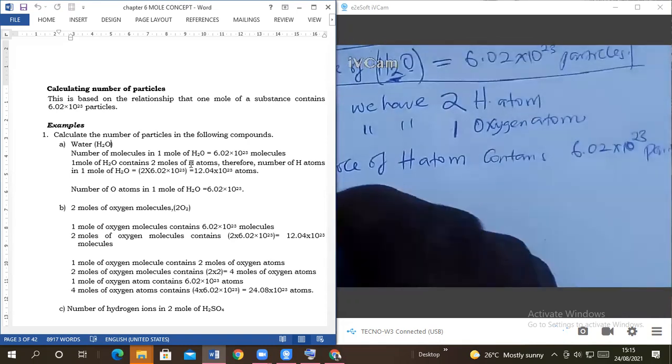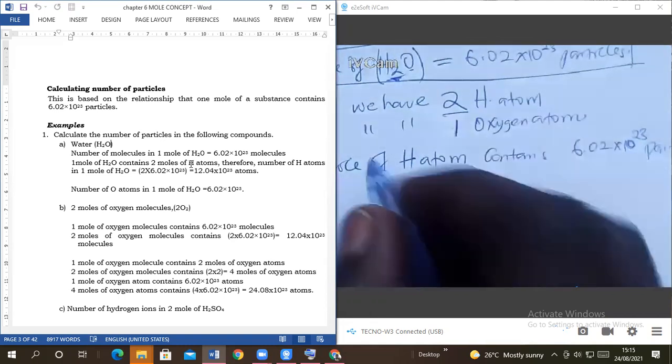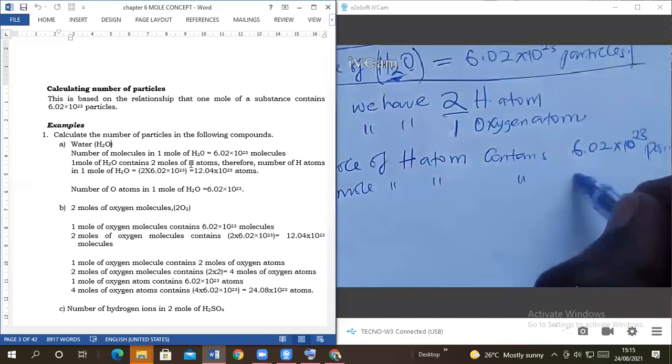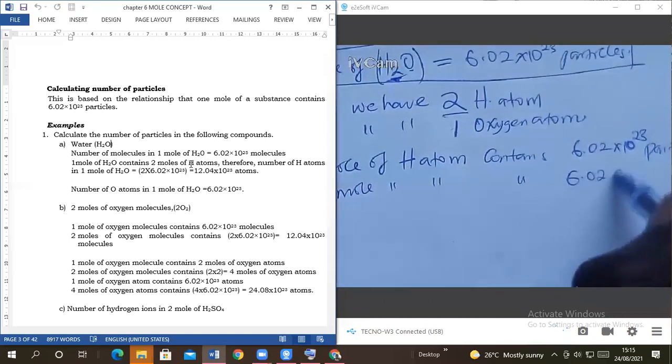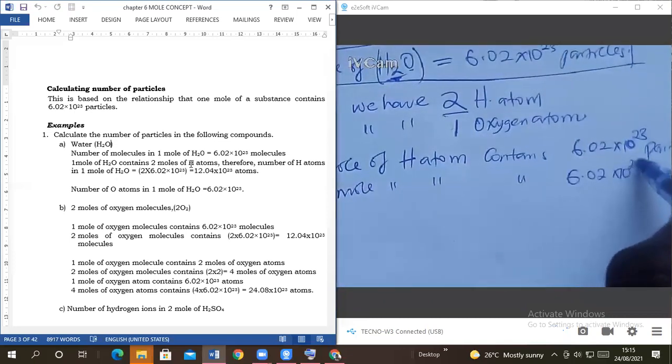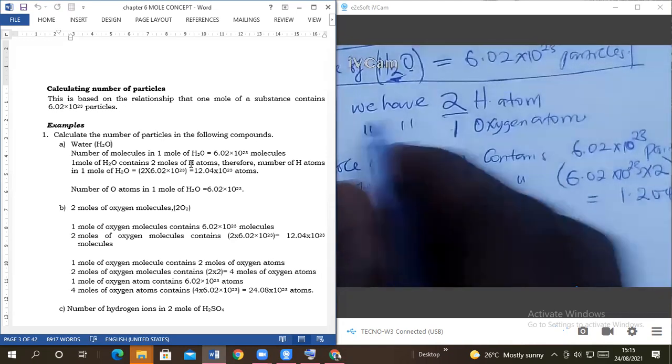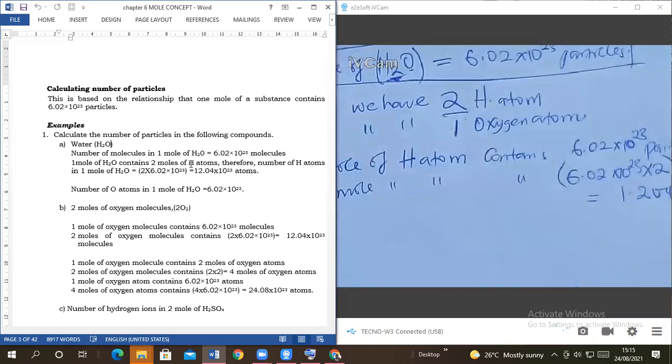What about 2 of them, because there are 2, isn't it? 2 moles of hydrogen atoms contains what? 6.02 times 10 to the power 23 times what? 2 particles. This one takes us to 1.204 times 10 to the power 24 particles. Then the ones of oxygen are the same because it is only 1.